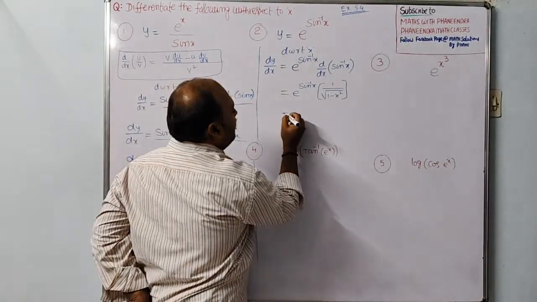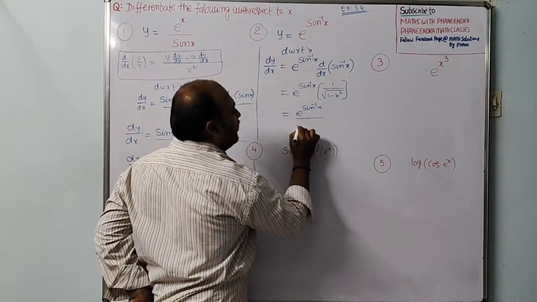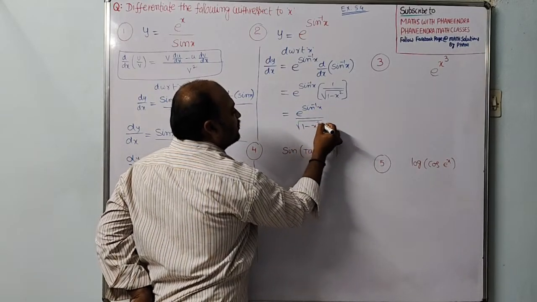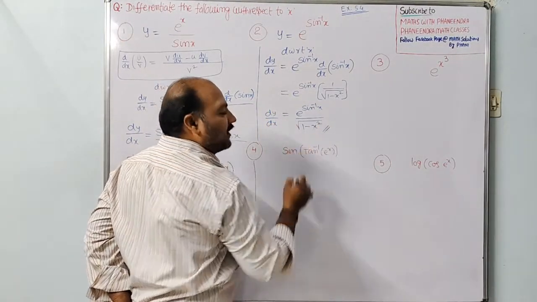So we can write it as e power sin inverse x divided by root of 1 minus x square. This is the value of dy by dx.